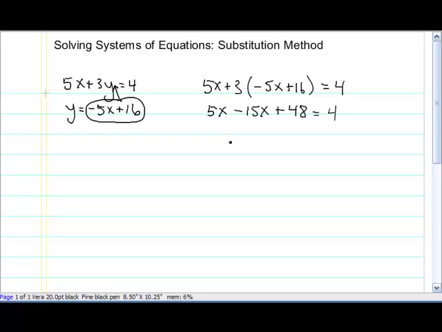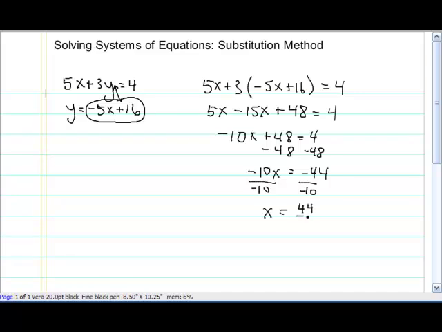And we can combine like terms here, so we have -10x plus 48 equals 4. We can subtract the 48. So we have -10x equals -44.